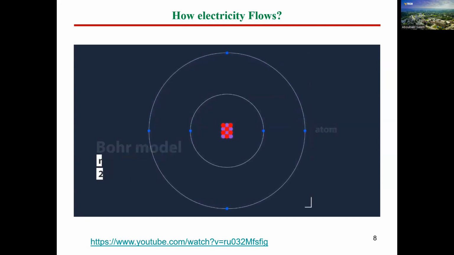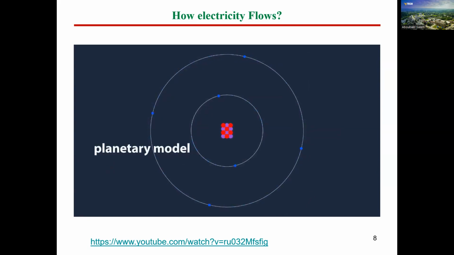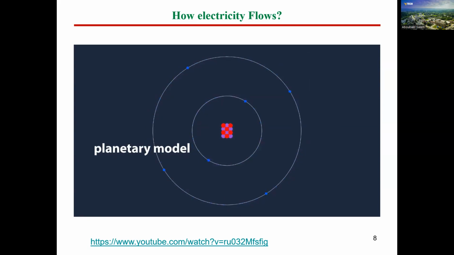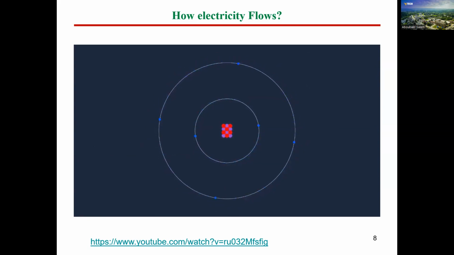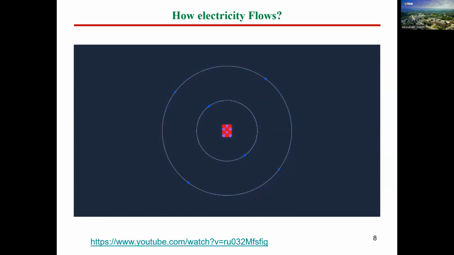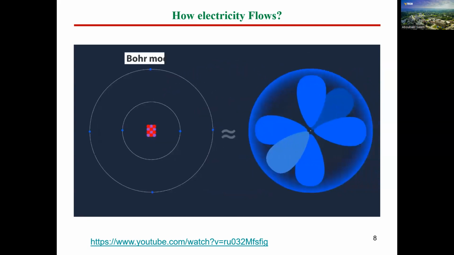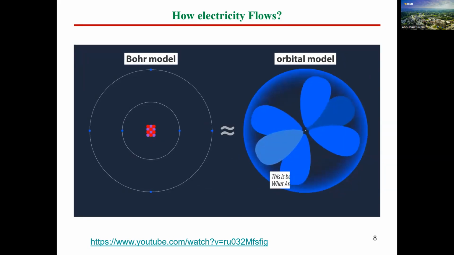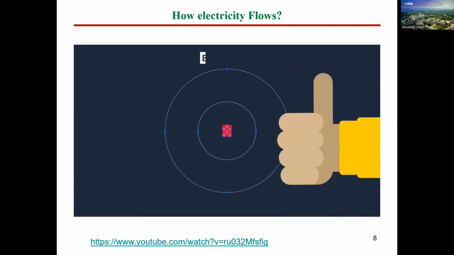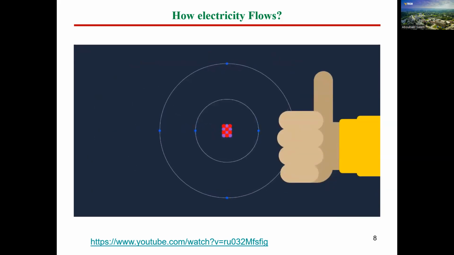This model is also known as the planetary model, modeling the parts of an atom as planets orbiting a sun or moons around a planet. While actually these orbiting moons are not at any one place at any one time at all, but exist more as regions or clouds around the core. However inaccurate the Bohr model might be, it will do for our explanation of electricity.